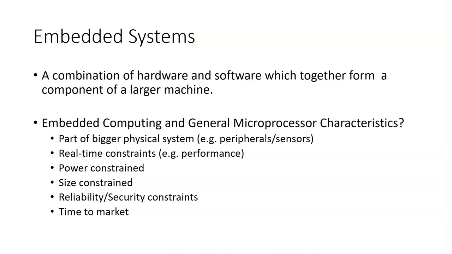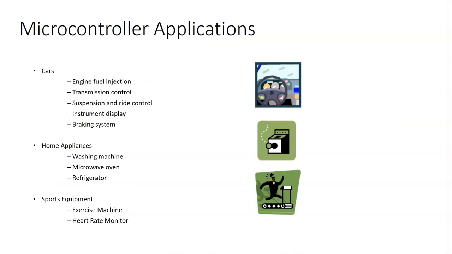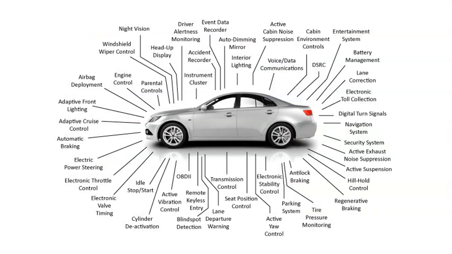So let's talk about a couple examples of these applications. Cars for a long time have included microcontrollers as part of their system. Things like engine fuel injection, transmission control, and many other important systems have that. And today, with autonomous vehicles, there are a whole range of important subsystems where microcontrollers are sensing and making decisions.